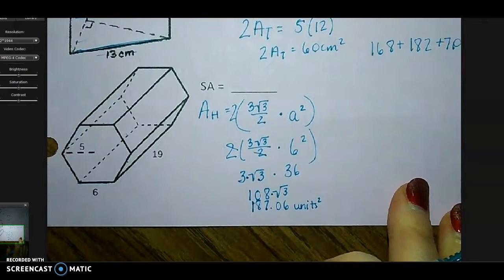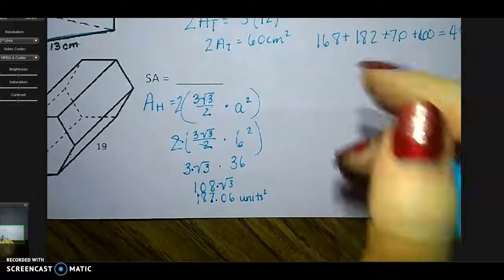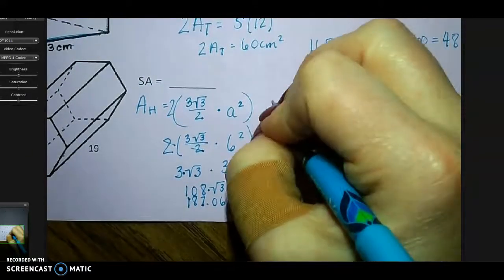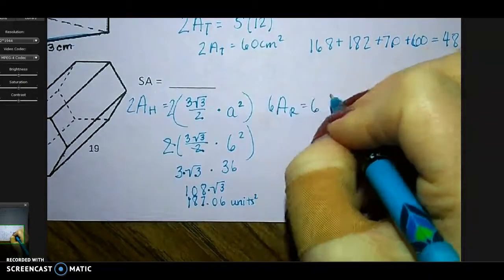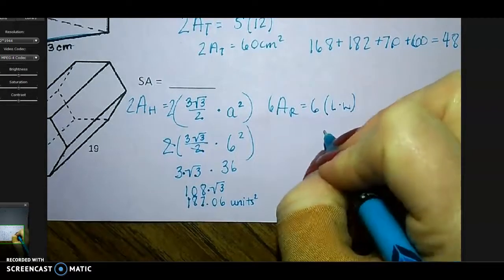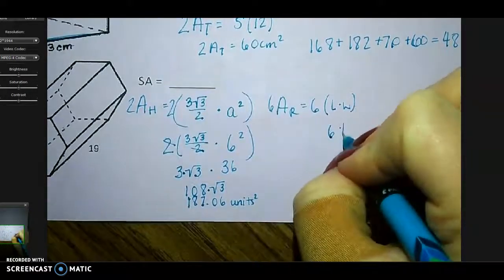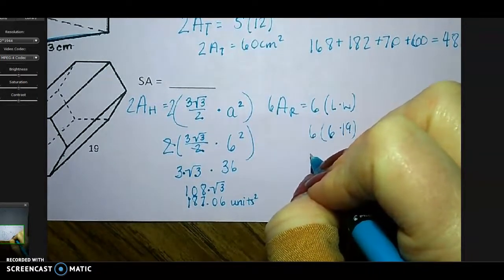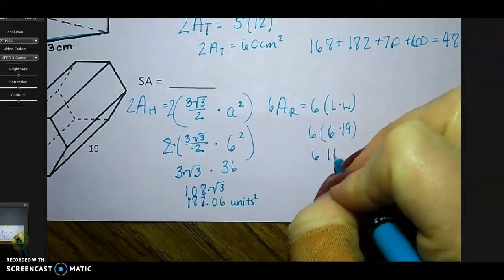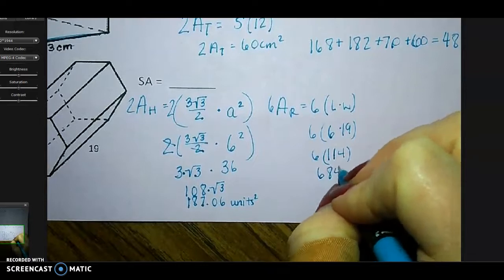Now the other parts are still rectangles. And the nice thing about these rectangles is that they are all the same. So I need 6 of those, like I needed 2 of those. So I'm going to need 6 of length times width. My length here, I'm going to think of as 6, and the height of my figure, I'm going to think of as 19. And so I get 6 times 114, which gives me 684.